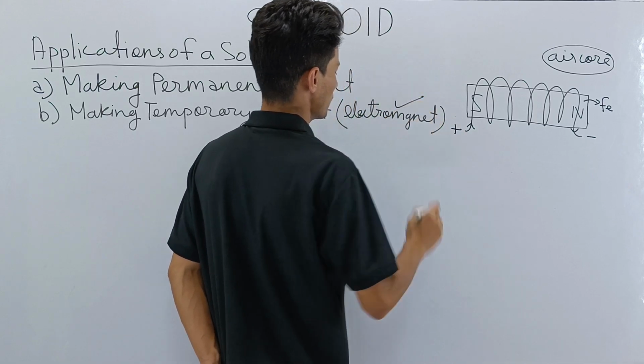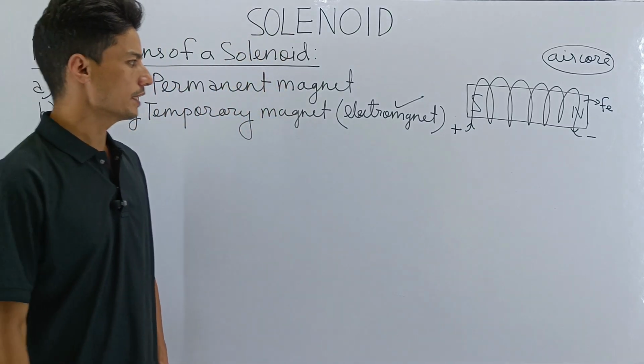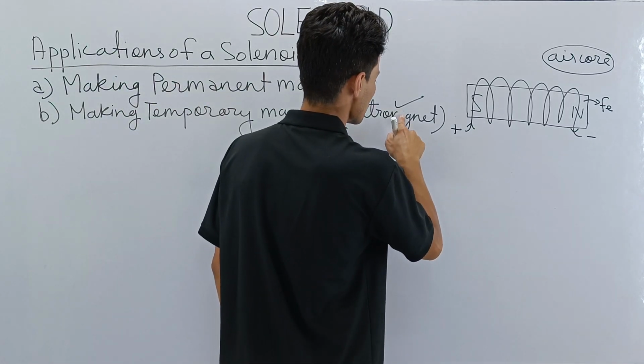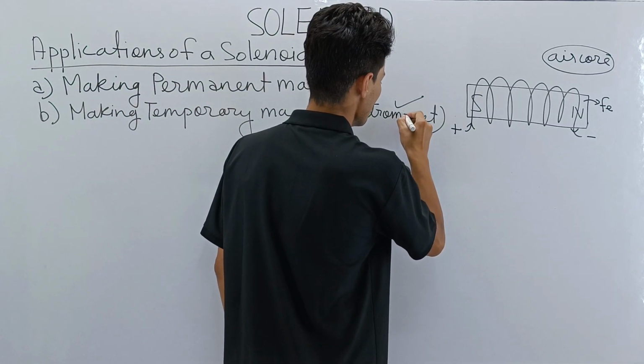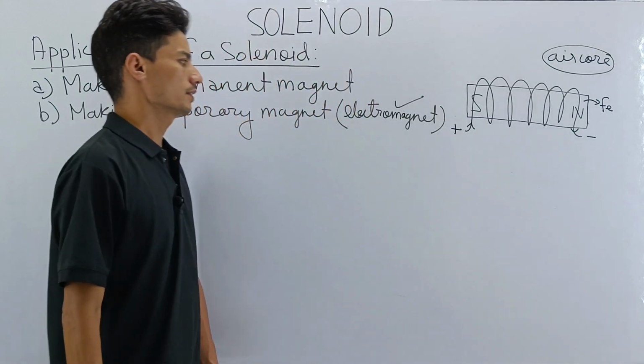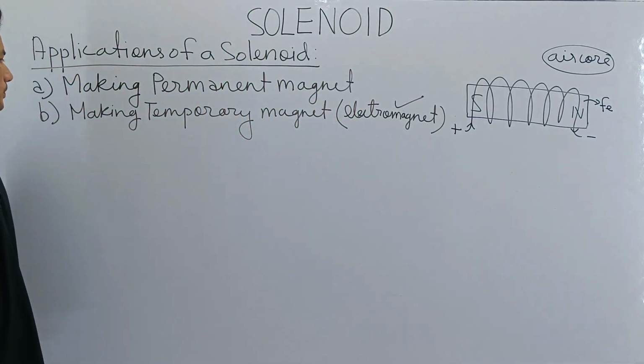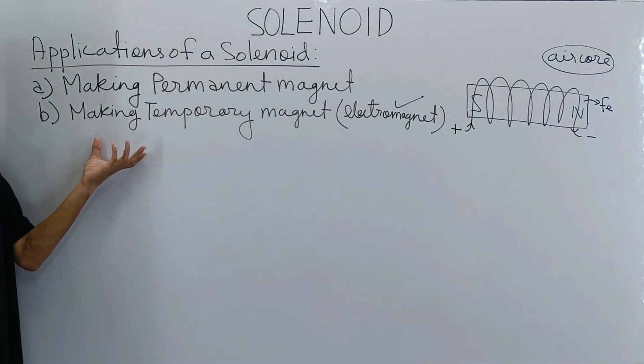We will be studying in detail about an electromagnet. Sorry, my spelling is wrong. Electromagnet. So these are the two useful applications of a solenoid.